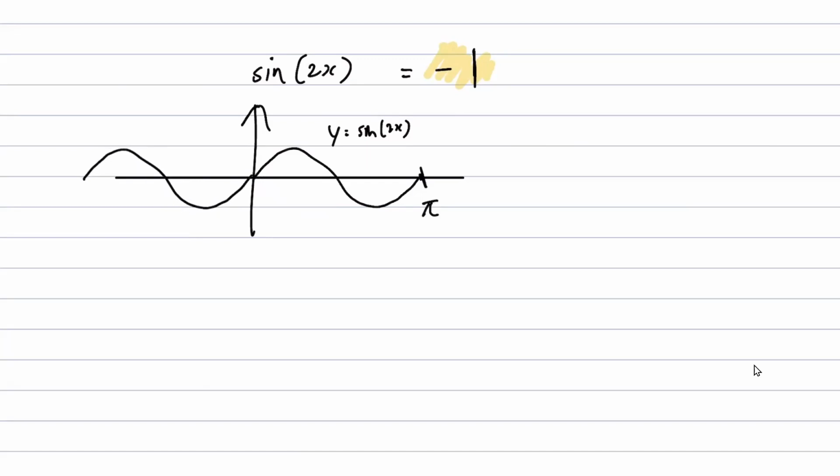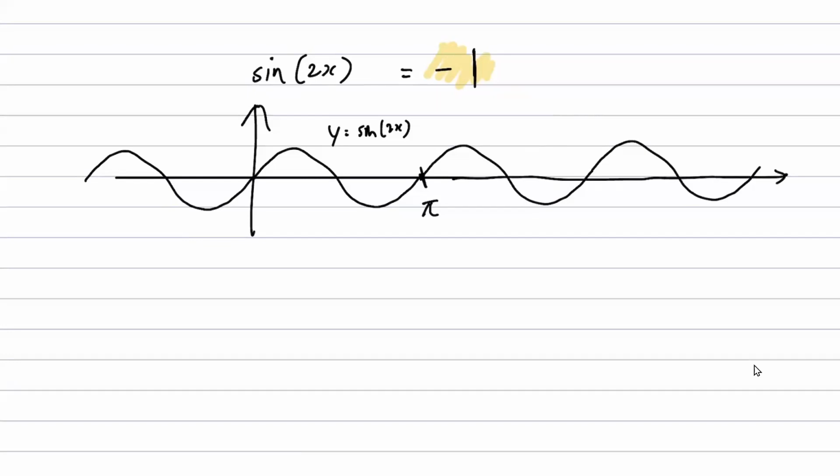Okay, maybe I'll draw a few more. Okay, so -1 is actually where? It's actually over here. Do you realize that? Yeah. It hits all of the bottoms of the sine x.